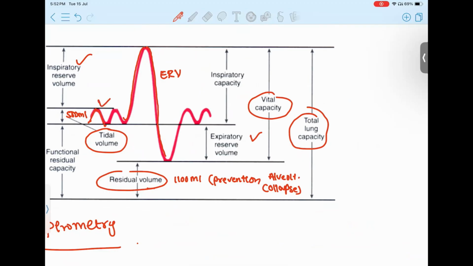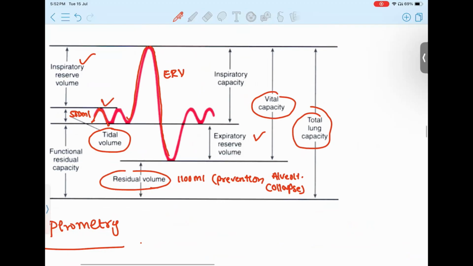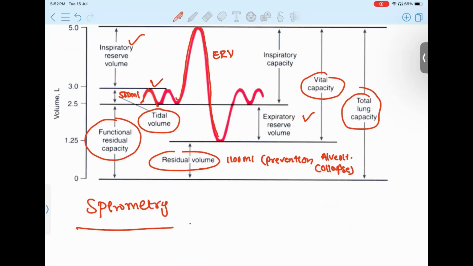And the functional residual capacity involves only the expiratory reserve volume and the residual volume.